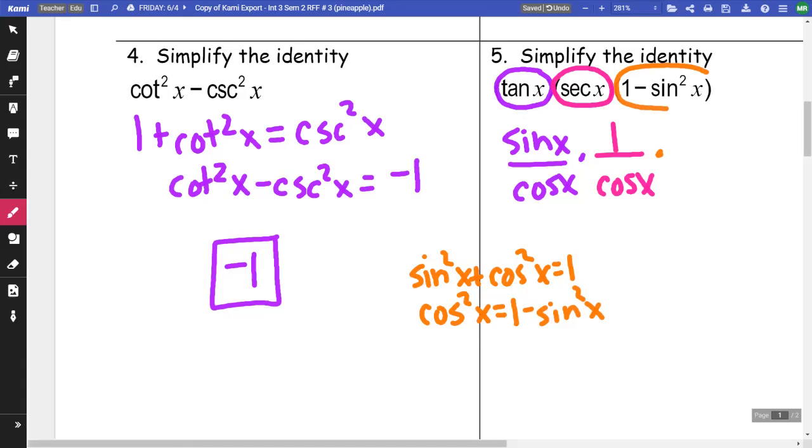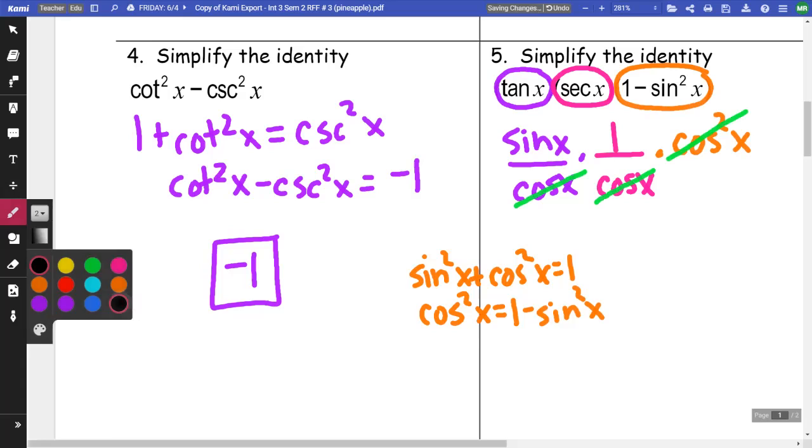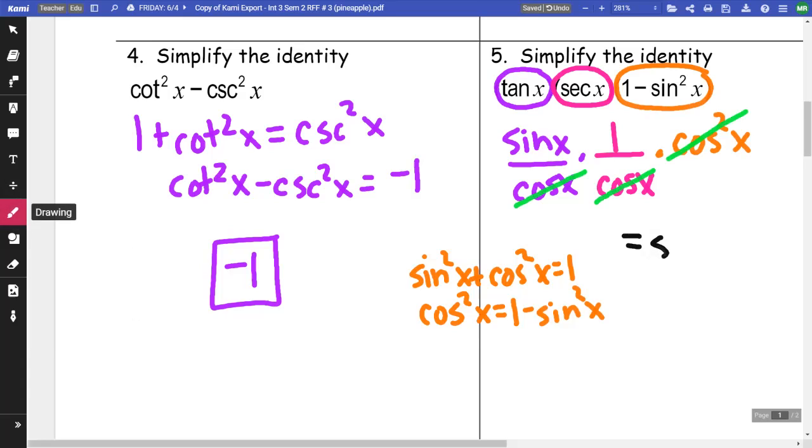So this 1 minus sine squared x is really a cosine squared x. So what's going to happen is I have a cosine x and a cosine x, which is a cosine squared x. That's going to cancel with this cosine squared x. And my final answer is going to be sine x.